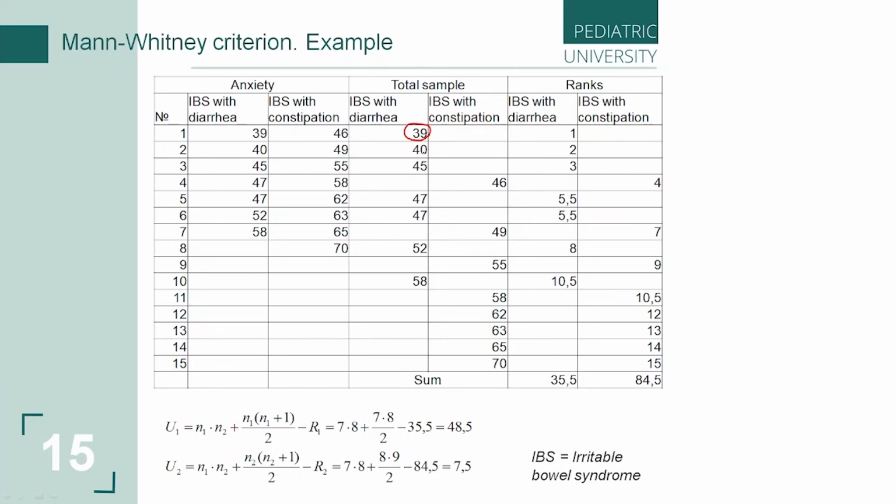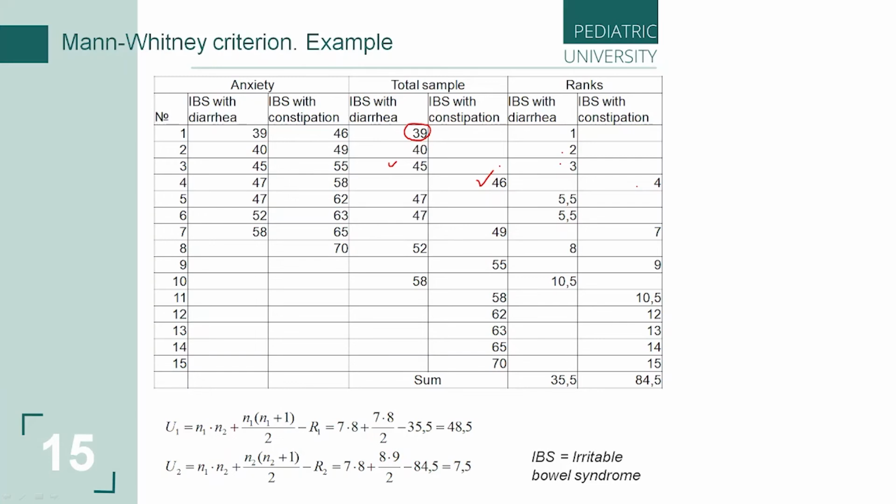After that, the next value is 40 and has rank 2. Then we have rank 3 and rank 4 for the elements from the first and second sample.